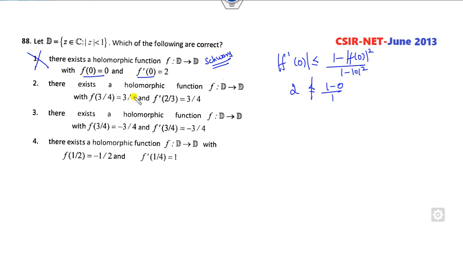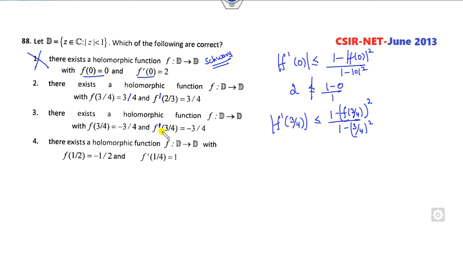Look at the other option. This is f(3/4). This is f'(2/3), which is not given to you at the same point. With 3/4, you can apply this because they are at the same point. So |f'(3/4)| ≤ 1 − |f(3/4)|², 1 − (3/4) whole square.